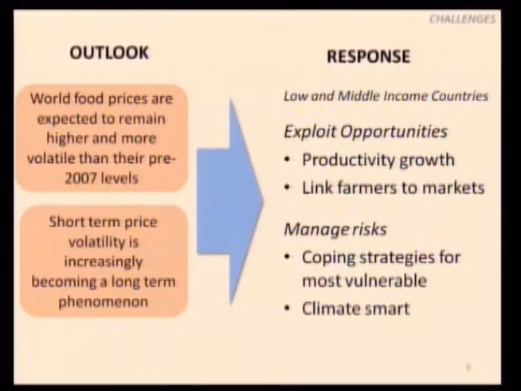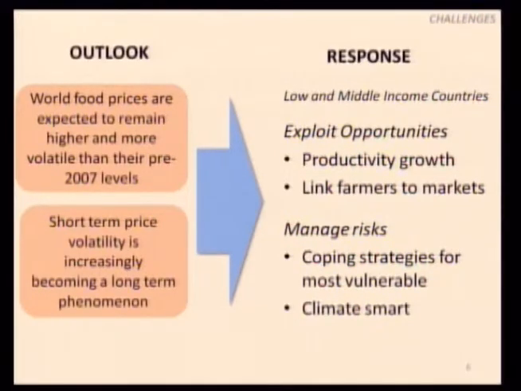But the overall message, as was mentioned earlier, is that the outlook across many agencies who estimate these things is that world prices for food will remain higher and more volatile than 2007 levels, at least. And the short-term volatility seems to be becoming a longer-term phenomenon.